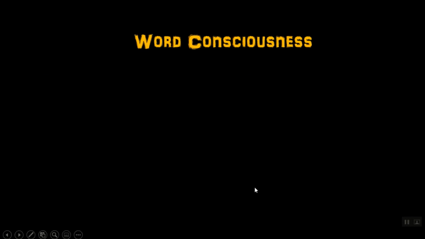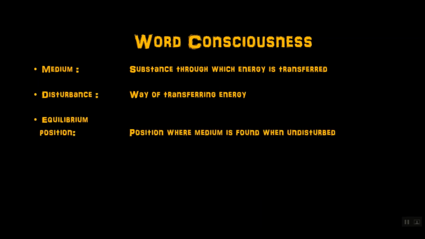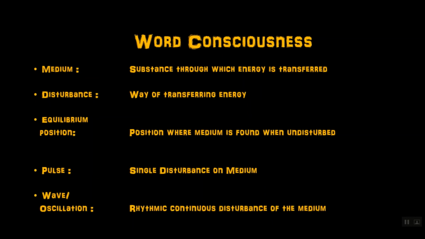We have the word medium, the substance through which energy is transferred; a disturbance, a way of transferring energy; equilibrium position, the position where the medium is found undisturbed; pulse, a single disturbance of the medium; and a wave or oscillation, a rhythmic continuous disturbance of the medium.